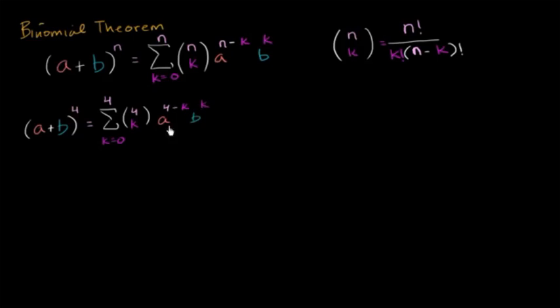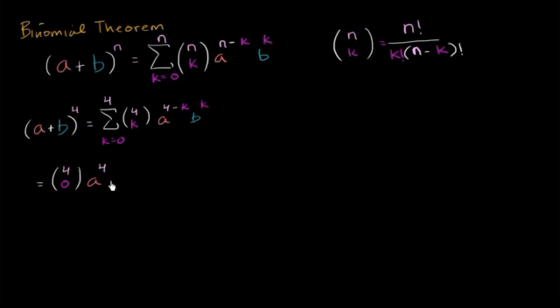Now what is that going to be equal to? Well, let's just do the sum. We're going to start at k equals 0. So when k equals 0, it's going to be 4 choose 0 times a to the 4 minus 0 power. Well, that's just going to be a to the fourth power times b to the 0 power. Well, b to the 0 power is just going to be equal to 1.